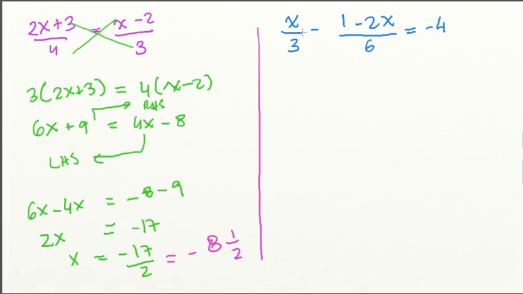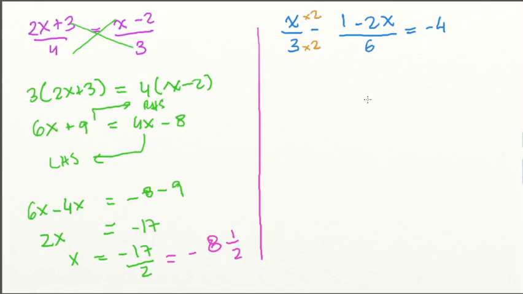So for example here, x over 3, if I want to get rid of this fraction, I would have to multiply everything by 3. This second fraction that I have here, if I want to get rid of it, I would have to multiply everything by 6, right? Well, let's take a look at it. Now, if I want to get those two on the same denominator, I could just multiply this by 2.